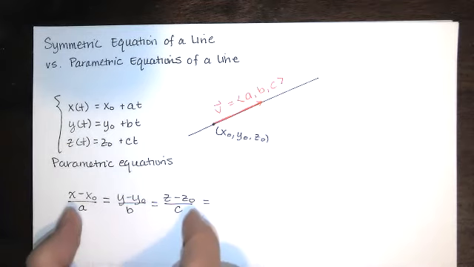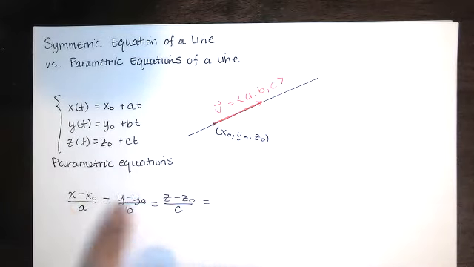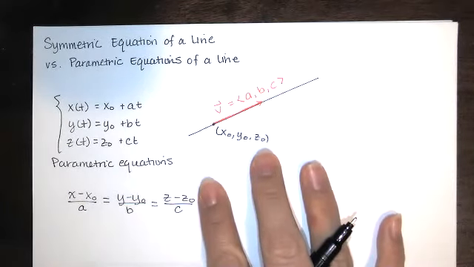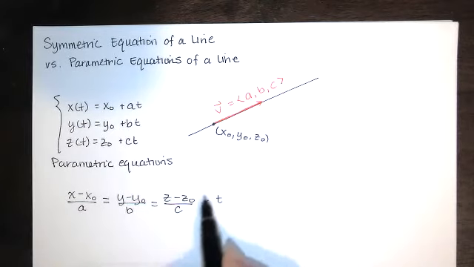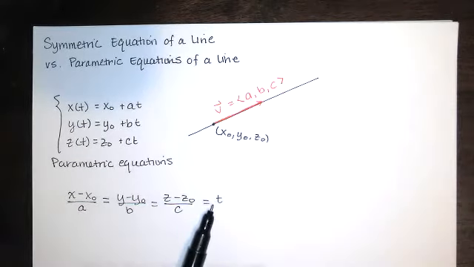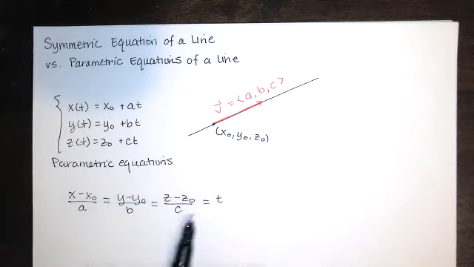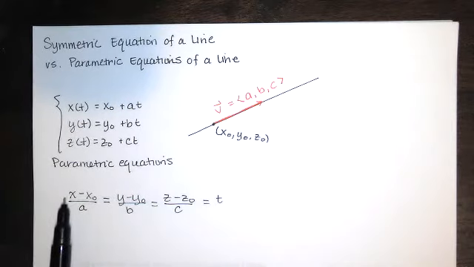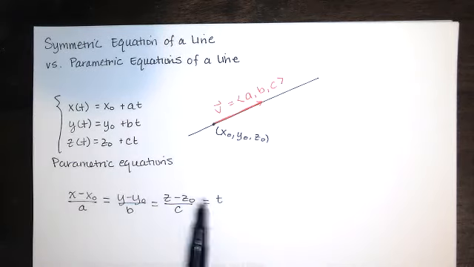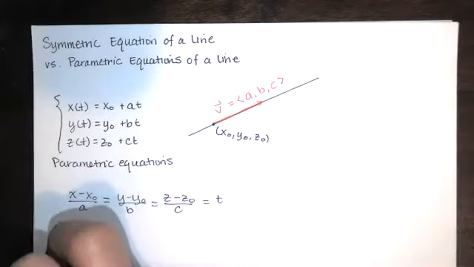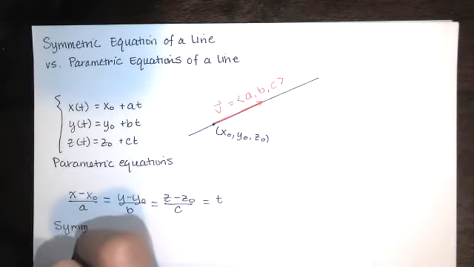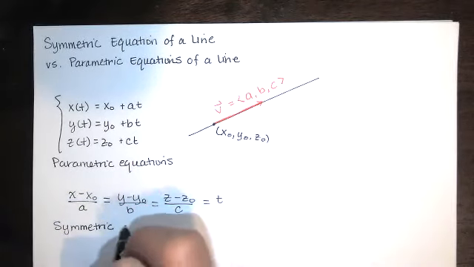Sometimes people call them symmetric equations of a line. And I guess there's more than one equation implied there with the two equal signs. And normally this part's not written, but I like to write it for myself to remind me where this comes from. This is just taking each of these parametric equations and solving for t. So these are called the symmetric equations, or a symmetric equation of a line.